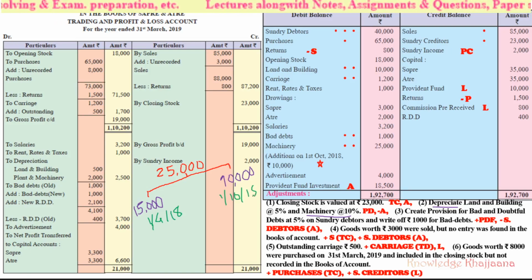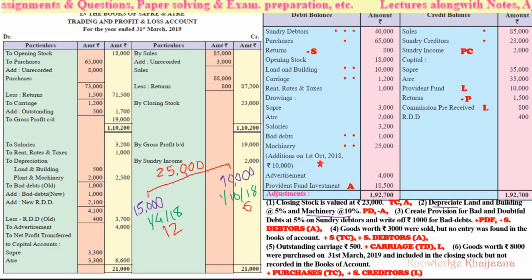Now for how many months is this machinery with the firm? The first one is with them for 12 months. And the machinery purchased on 1st October 2018, how many months have passed? 6 months have passed from 1st October 2018 to 31st March 2019, the closing date of the financial statements.